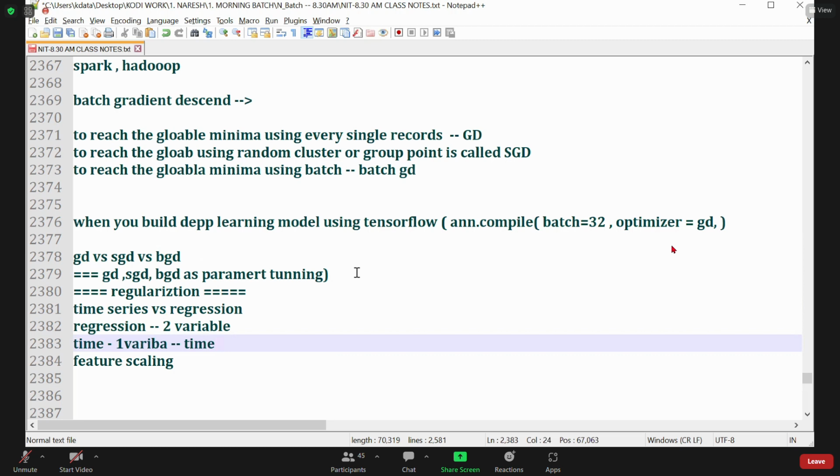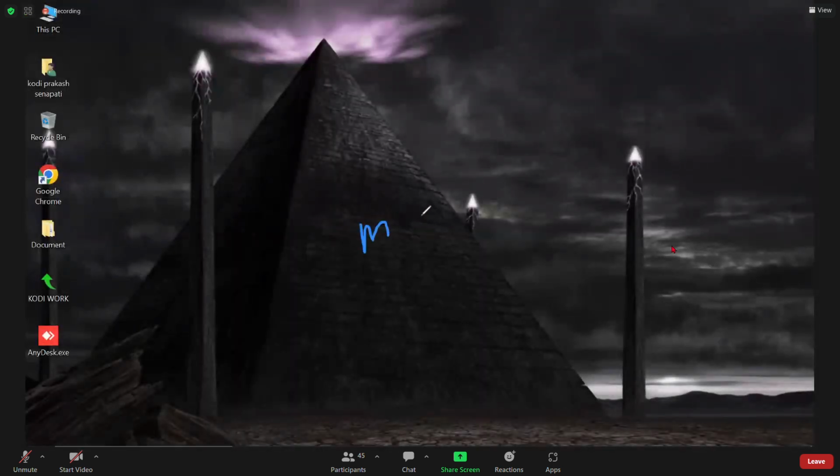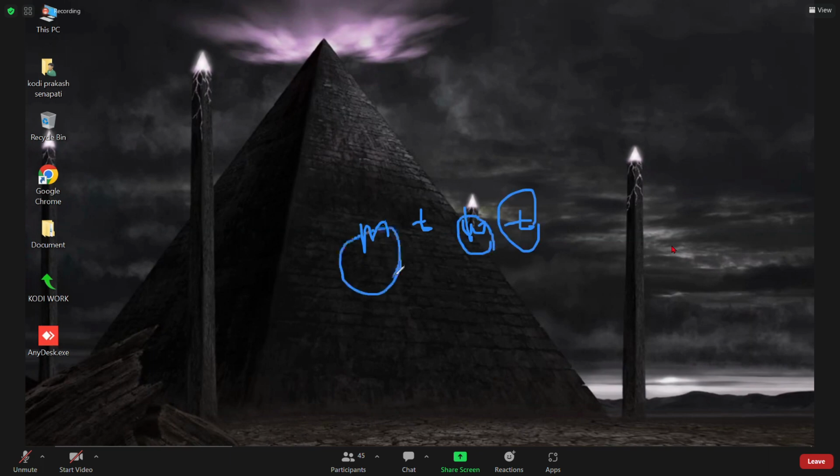So univariate time series data, that's what we call it, and every time series has some model. For example, let's assume today is Monday, tomorrow Wednesday, day after tomorrow Thursday. To predict Thursday weather, will you check Wednesday data or Monday's data?